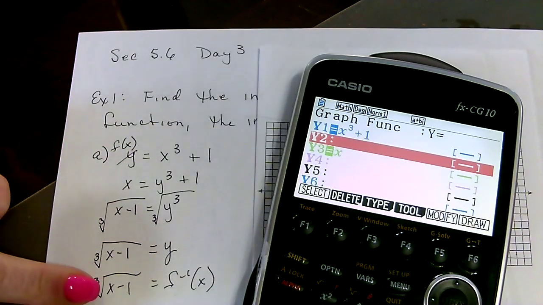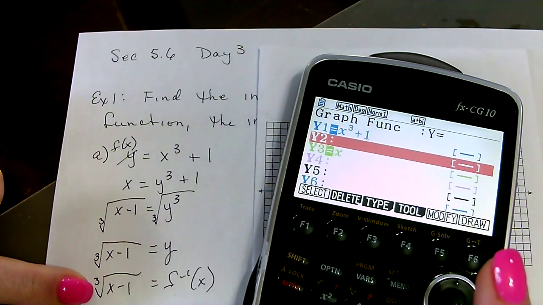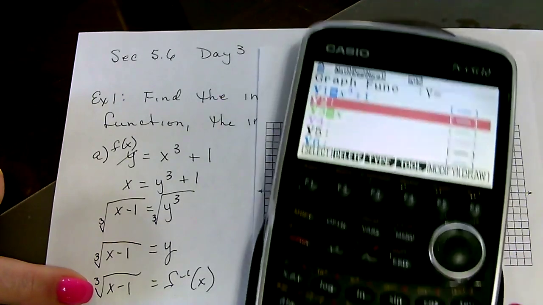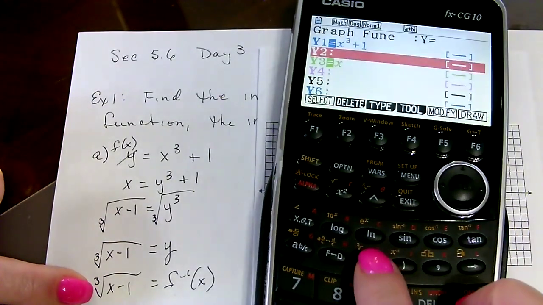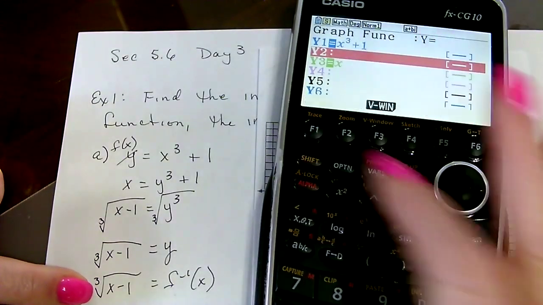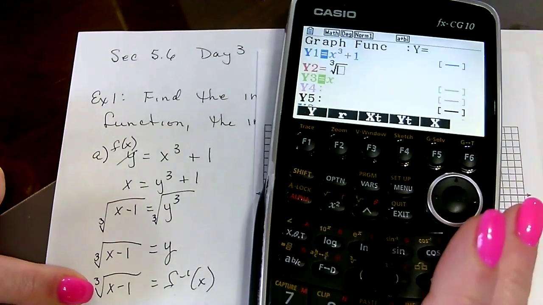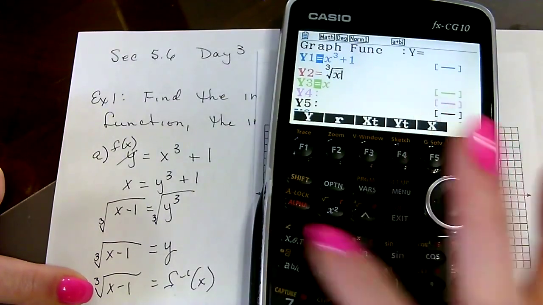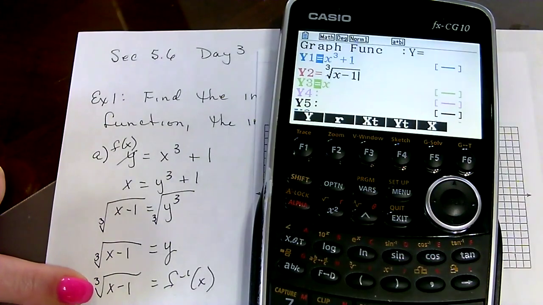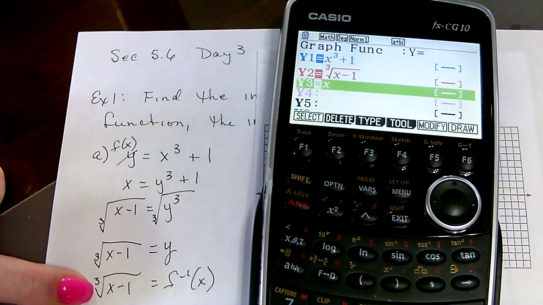Then our inverse function down here, we need the cube root of x minus 1. Our cube root key is down here above the left parenthesis. So I'm going to hit shift left parenthesis to get that to come up. And then I'm going to type in x minus 1. Okay, store it. And then we're going to draw all three of them.